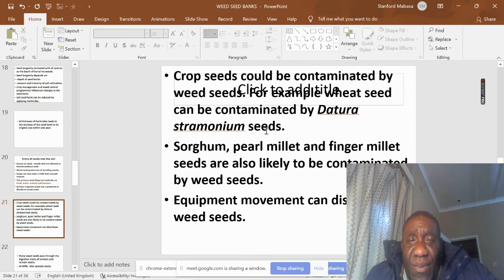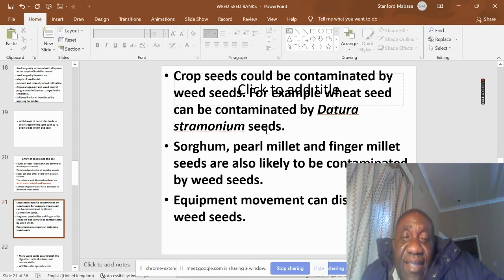If wheat is contaminated, they reject the wheat consignment until that wheat has been cleaned. You know, Datura stramonium seeds are toxic, they are poisonous. Sorghum, pearl millet, and finger millet seeds are also likely to be contaminated by weed seeds.